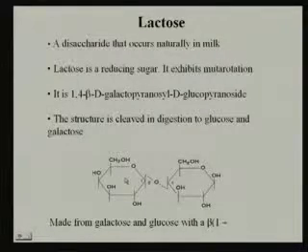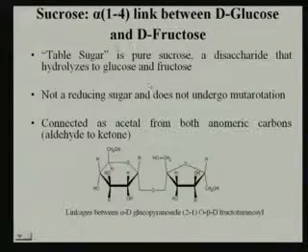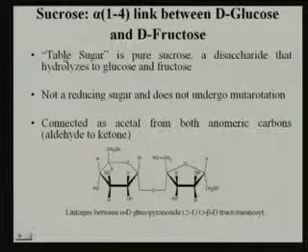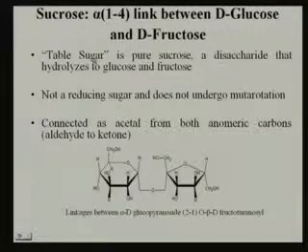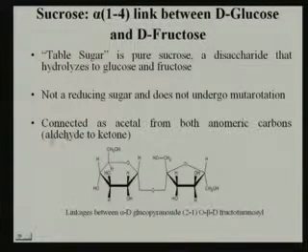Now, coming to another disaccharide which is very interesting, and generally we use that disaccharide as table sugar. It is a non-reducing sugar and does not undergo mutarotation. It is connected with the acetal form from both anomeric carbons, that is, one aldehydic and one keto.